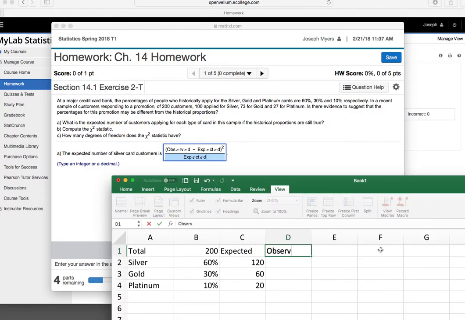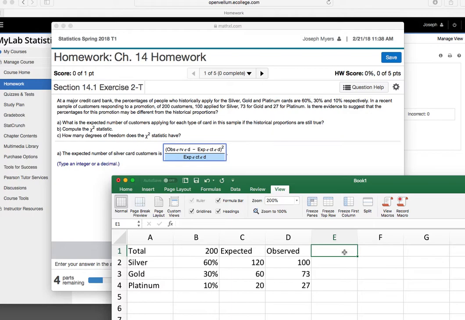Now, what really happened? What actually happened? Well, that's called observed. So according to this problem, 200 customers were there, and 100 applied for silver, 73 for gold, and 27 for platinum. So this means that there were more platinum customers and more gold customers, but less silver customers.